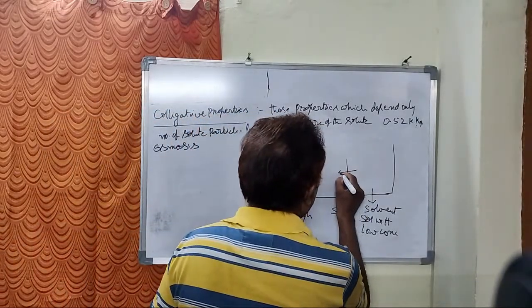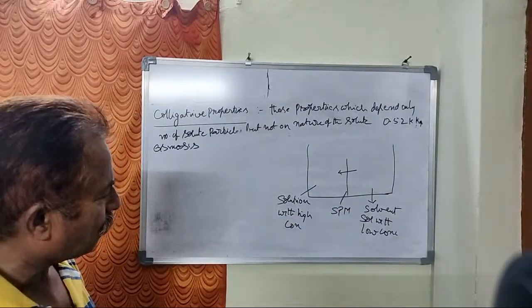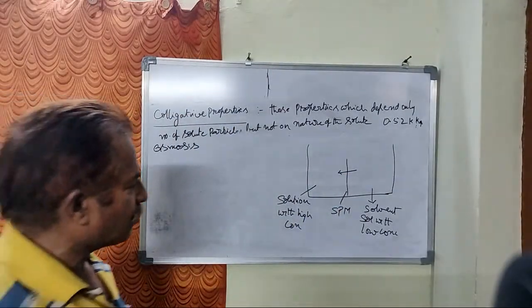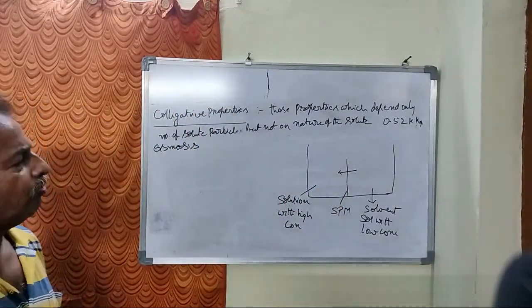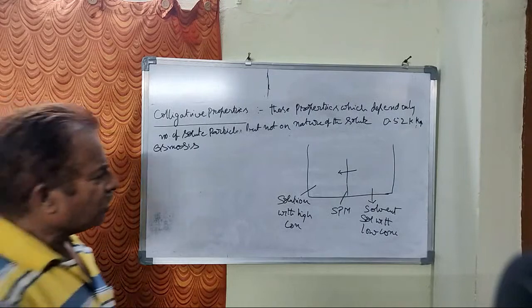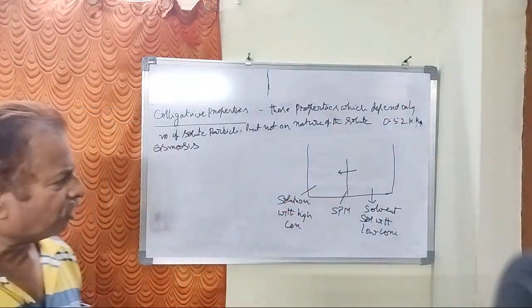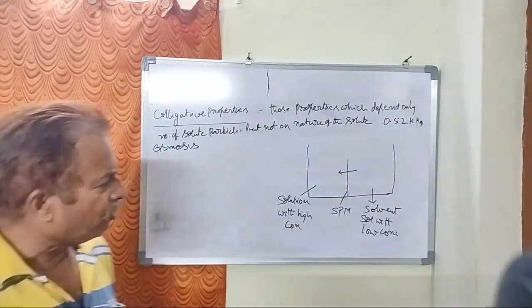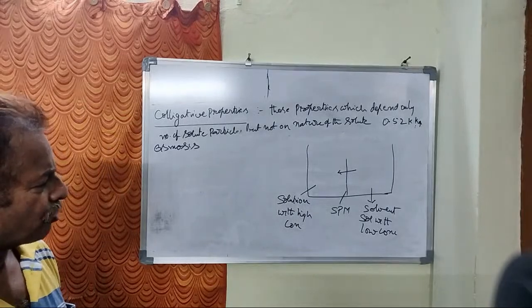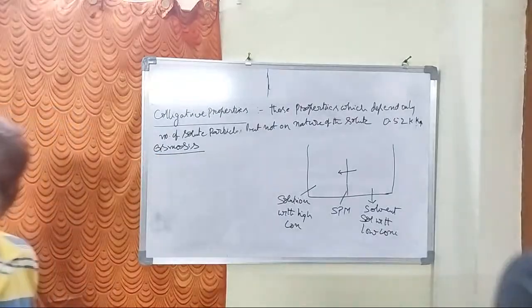Solvent molecules travel from the solution with low concentration to the solution with high concentration until the concentrations become equal. So this passage of solvent particles through a semi-permeable membrane from dilute solution to concentrated solution is known as osmosis.